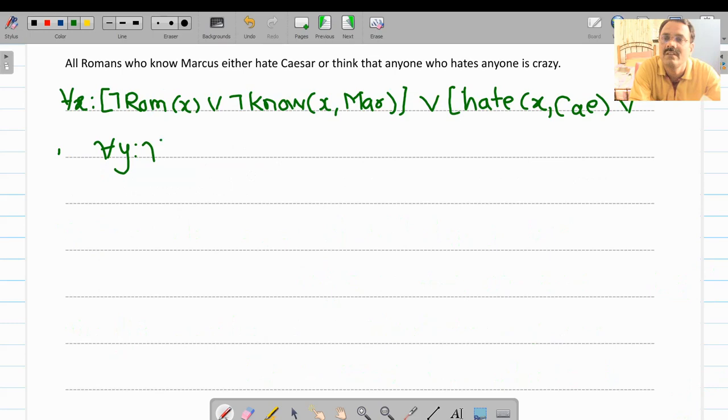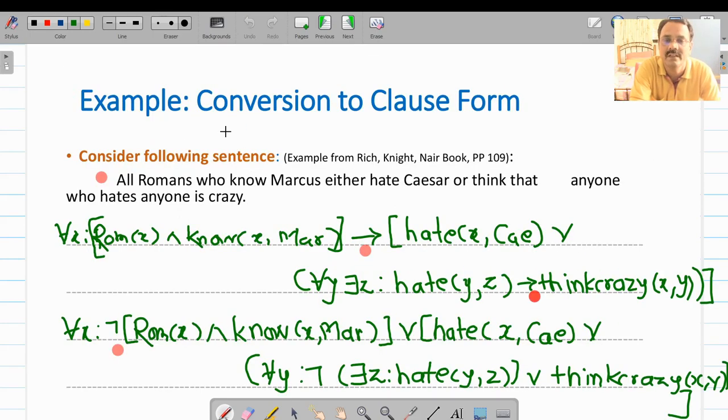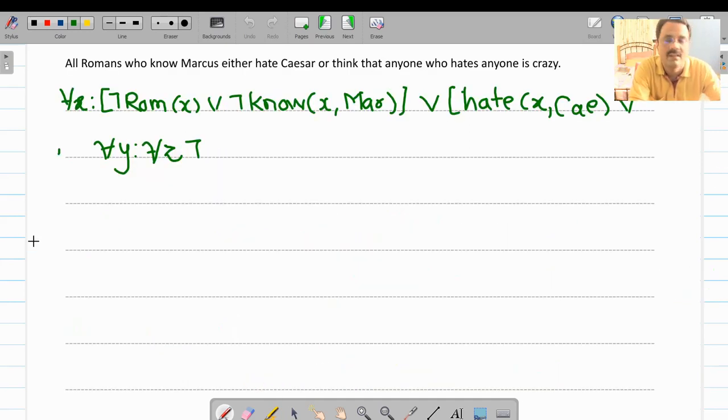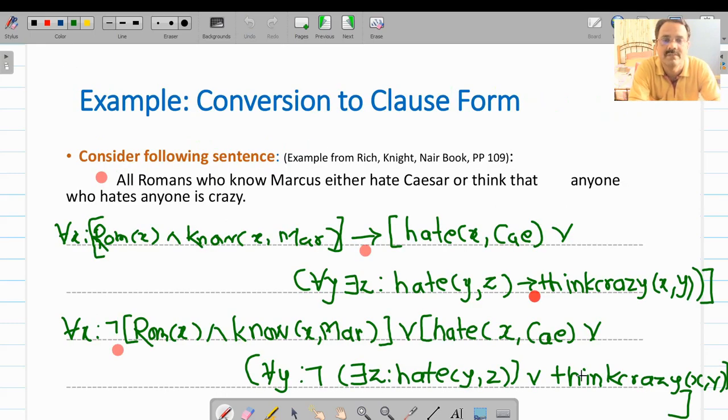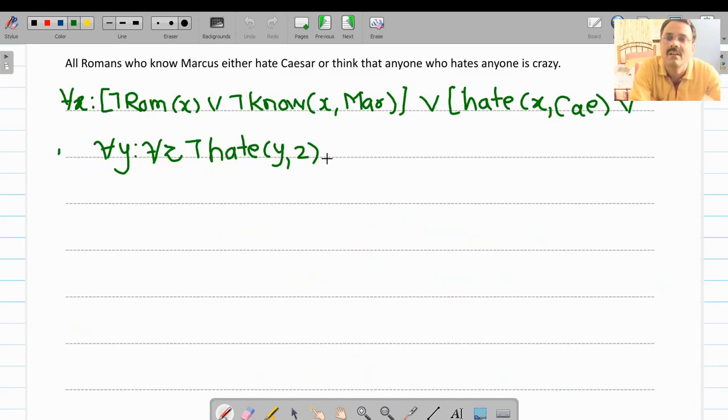So for all z, scope of this not with individual predicate, not hate y z, remaining formula as it is, or think crazy x y.